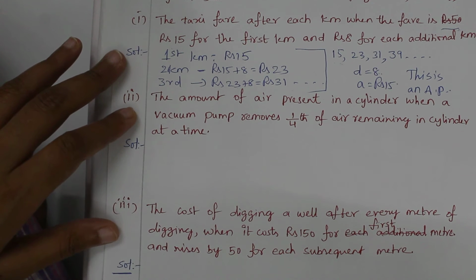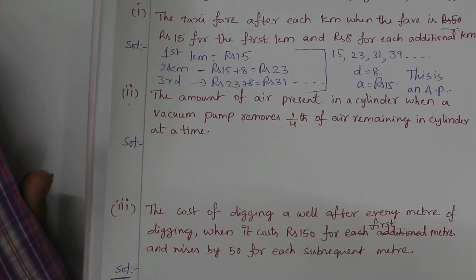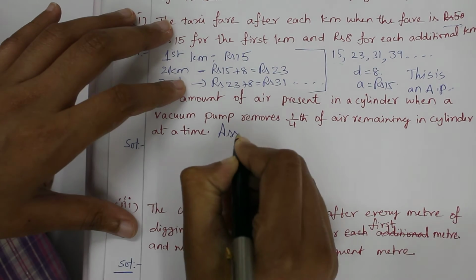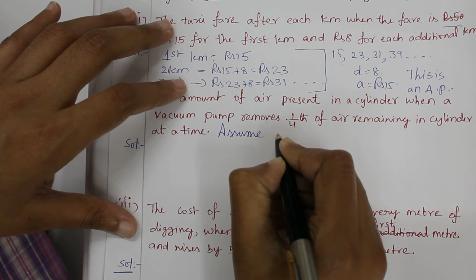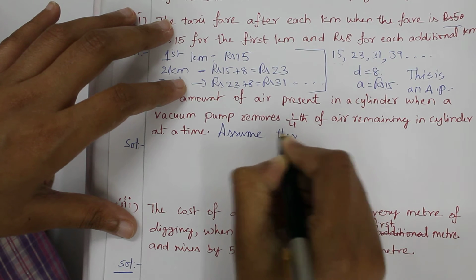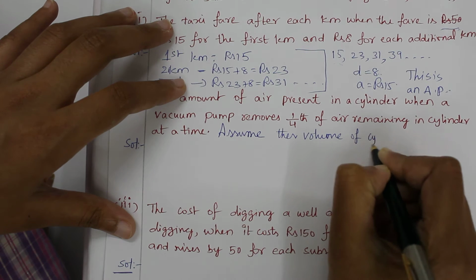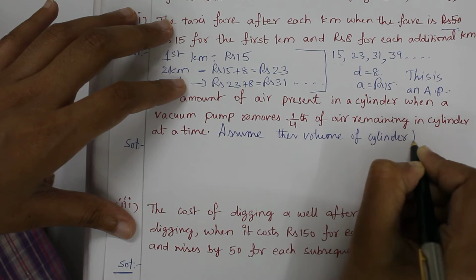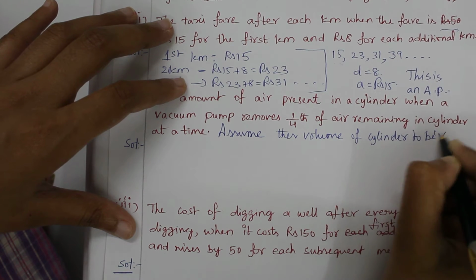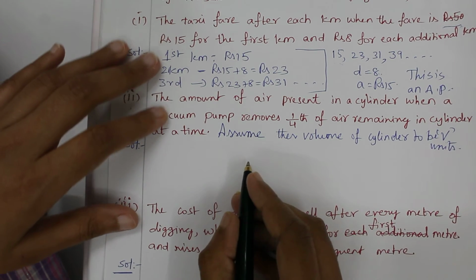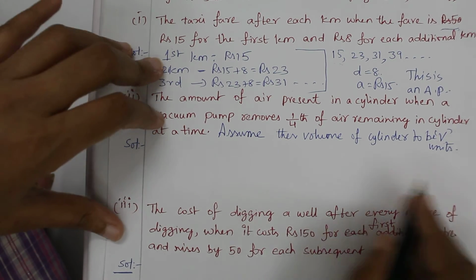And then after that, again in the remaining 3V by 4 volume, I am going to subtract 1/4 of the remaining volume. So let us assume the volume of cylinder to be V units.